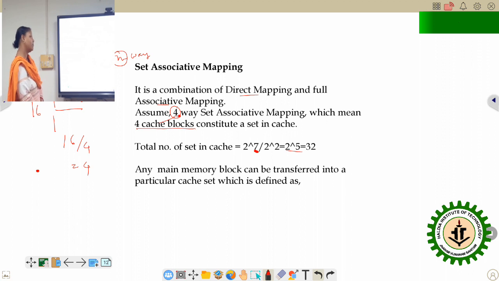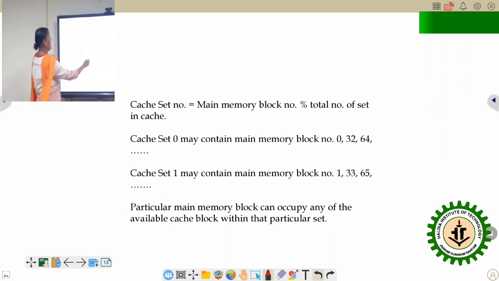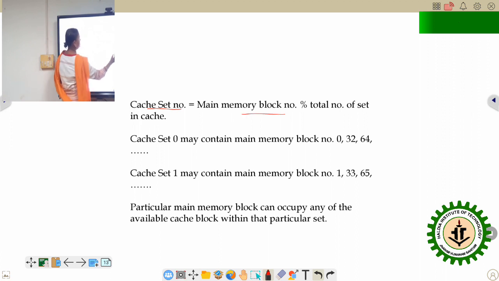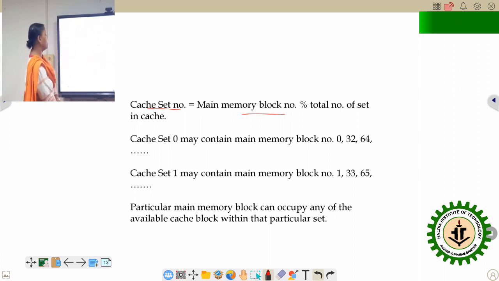Now when you decide the set number, any memory block can be transferred into a particular cache set defined by this. How to calculate it? The cache set number is defined using this formula. It comes from direct mapping: main memory block number modulo the total number of sets in the cache. So cache set 0 contains block numbers 0, 32, 64, that is, after every 32 locations it comes.